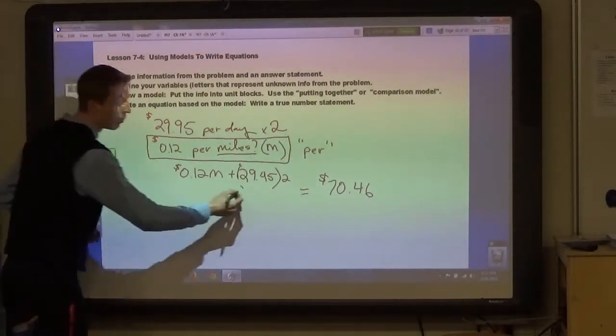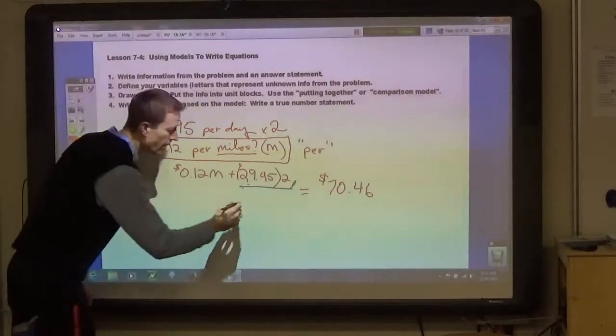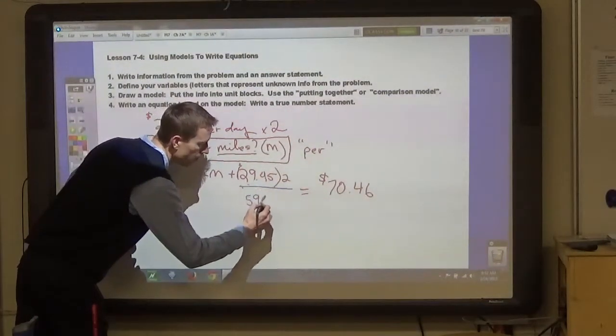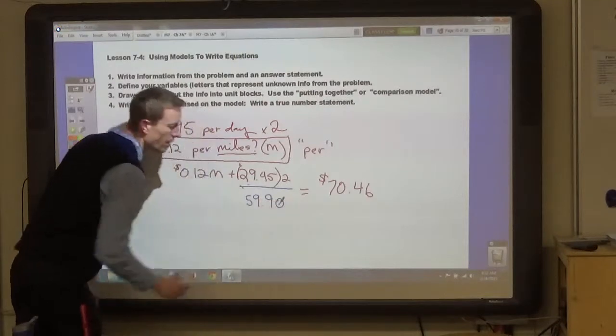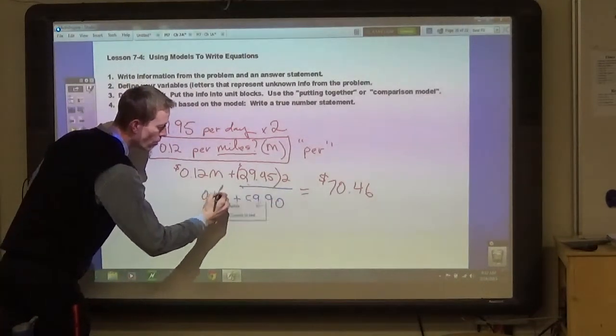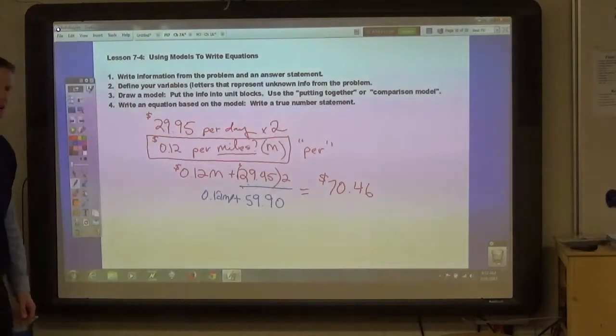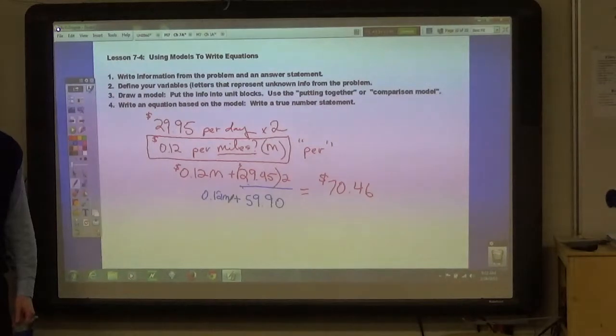Now, let's simplify this. We already said that this expression equals $59.90 plus 0.12 m. Now, solve it.